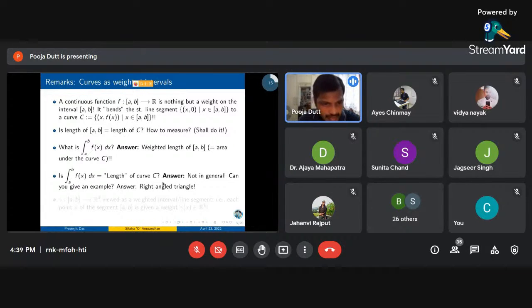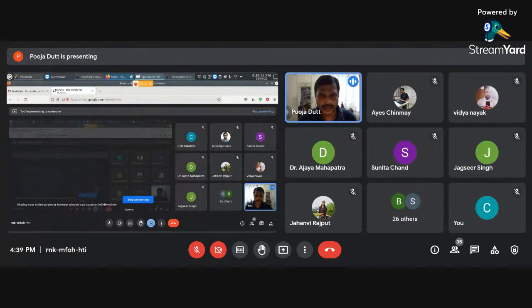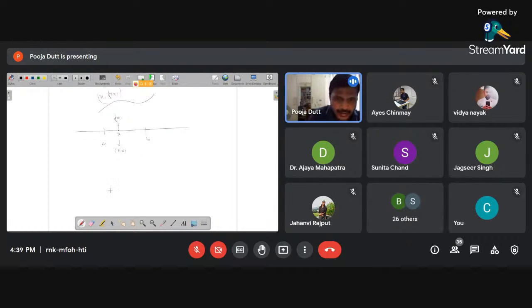Another question comes in: does it mean the integration a to b f(x) dx is the length of the curve C? The answer is no. You can check very easily that if you take a right angle triangle, it will look something like this. So this is your x-axis, this is 0, 0.